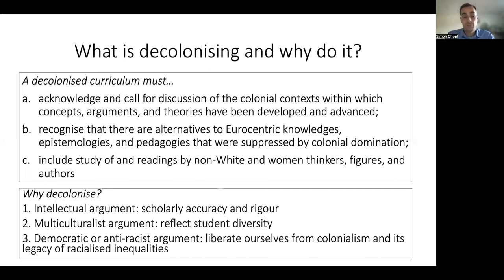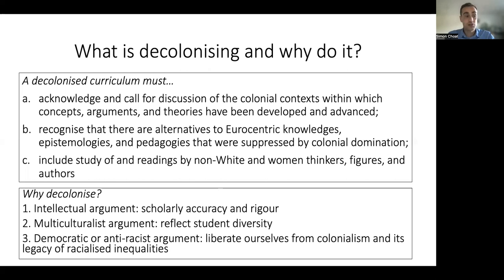Secondly, there's a kind of multiculturalist argument, namely that there is a need for curricula to reflect and respect the ethnic diversity of our student body. And this second argument takes a couple of forms. It can take a more pragmatic form, which says that decolonizing might be a way to reduce the ethnicity awarding gap, i.e. the gap between the award of good degrees to white students and to non-white students.